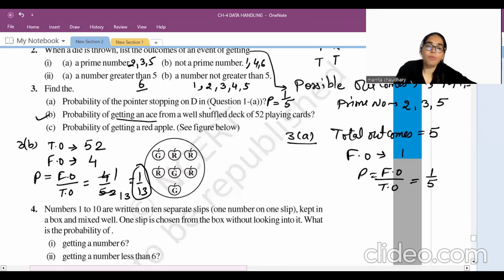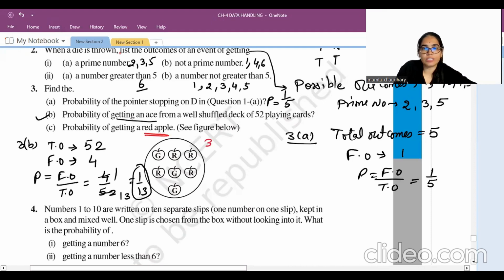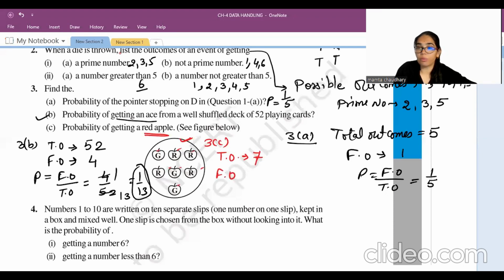Third: probability of getting a red apple. Now, in this 3C, in this figure we have to see. Total outcomes: 1, 2, 3, 4, 5, 6, 7. So there are a total of 7 outcomes. Favorable outcomes means we need to see the event.